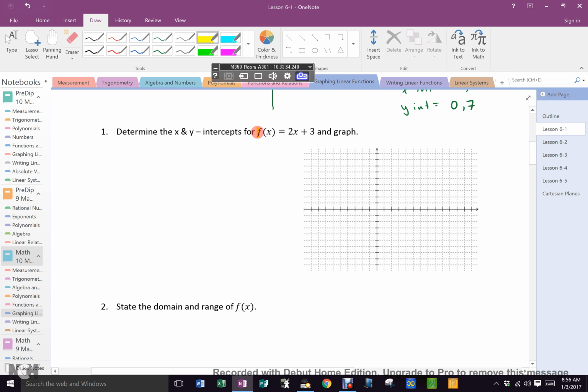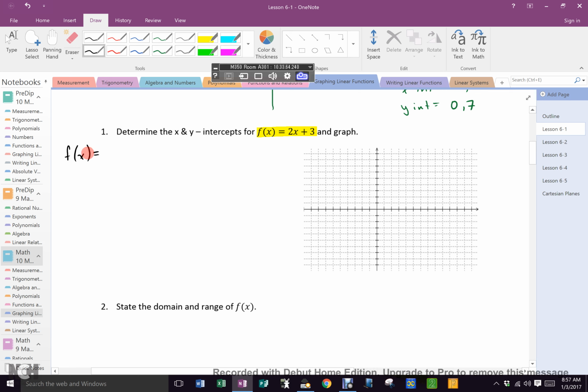What is different about the equation that I have now? It's in function notation, right? What do we have to remember about f of x? What is that really? Input, output, dependent, independent, what?